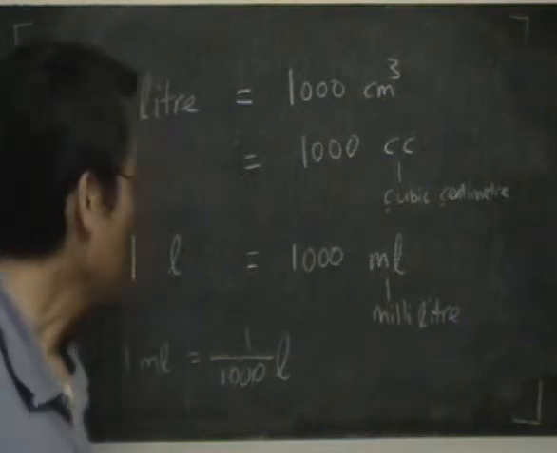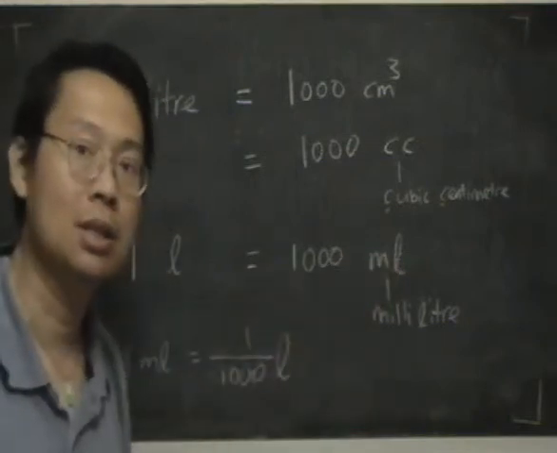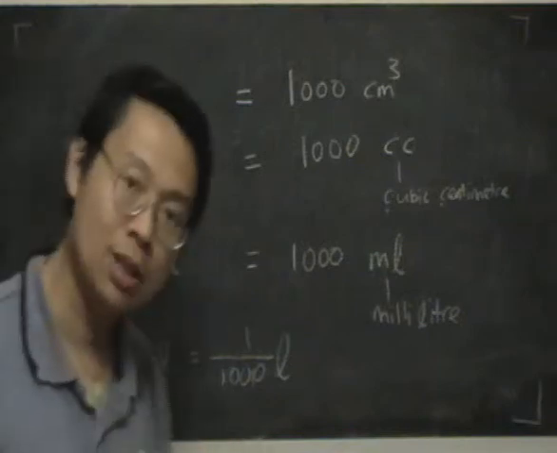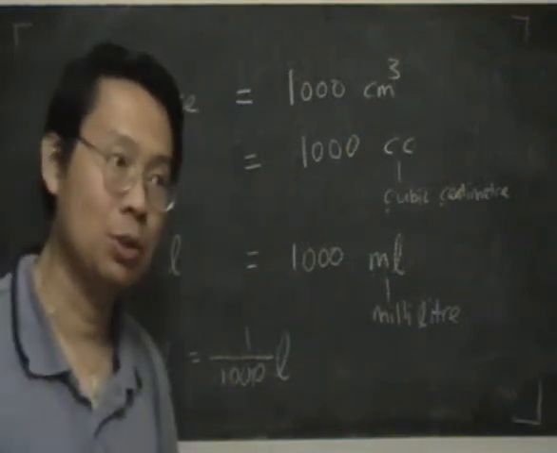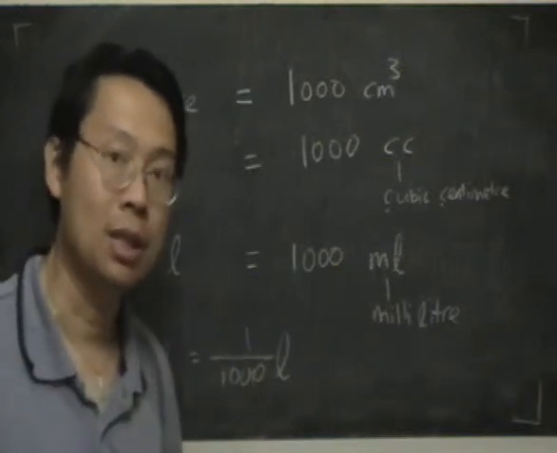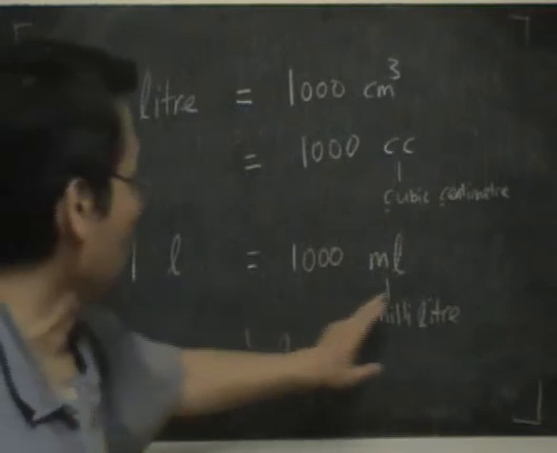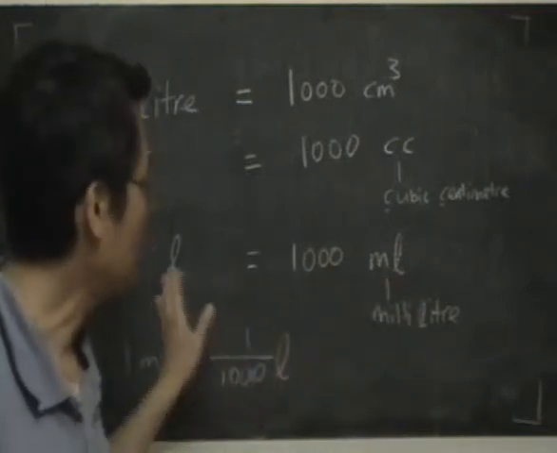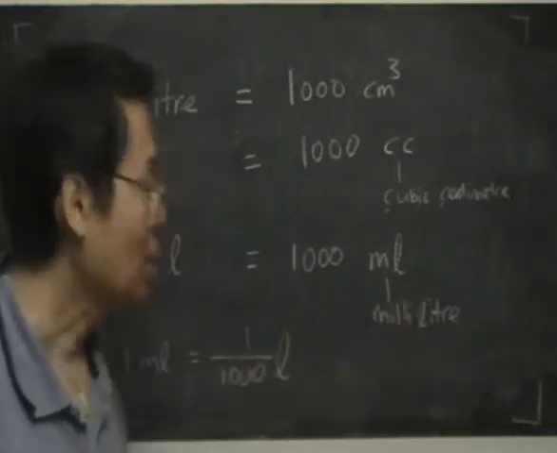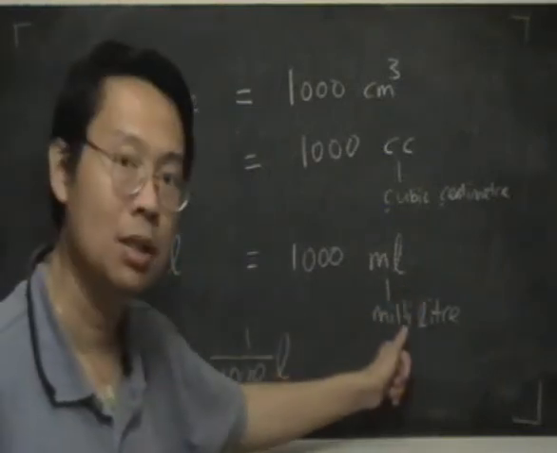So therefore 1 liter is 1000 milliliter. So the connection between liter and milliliter is just the same as between meter and millimeter. Alright, so instead of liter here, if you replace the L by M, you will have meter and millimeter. But with the L, you have liter and milliliter.